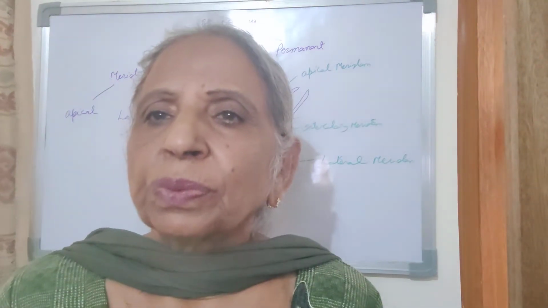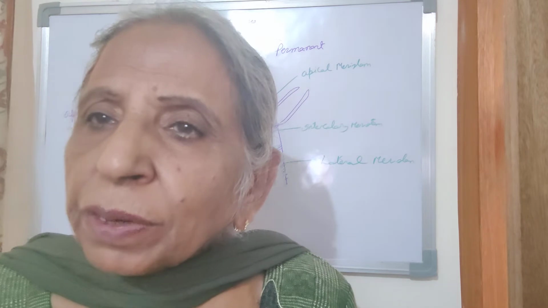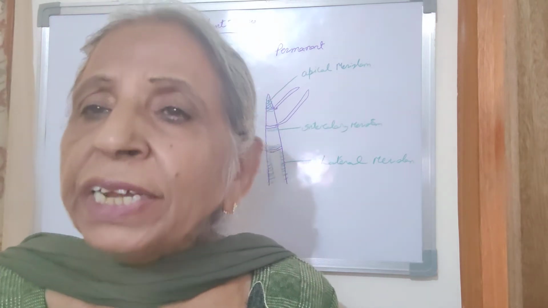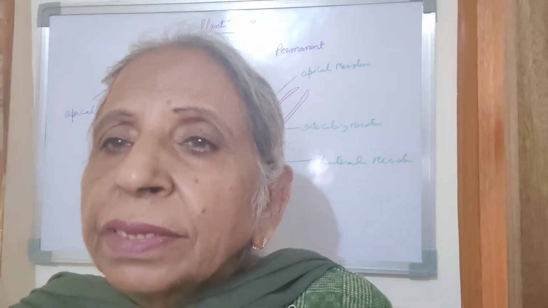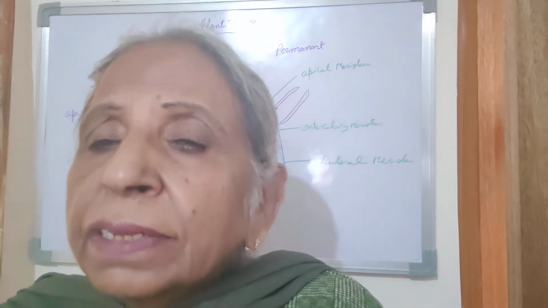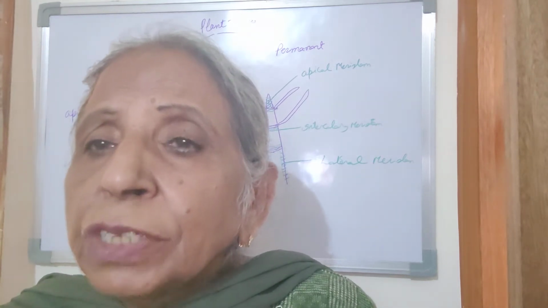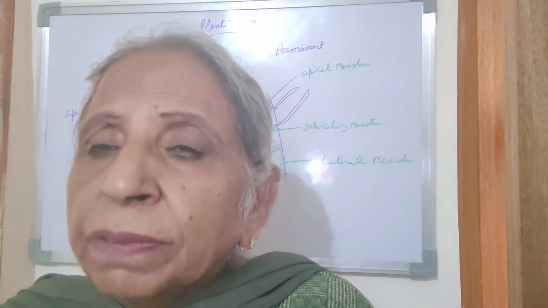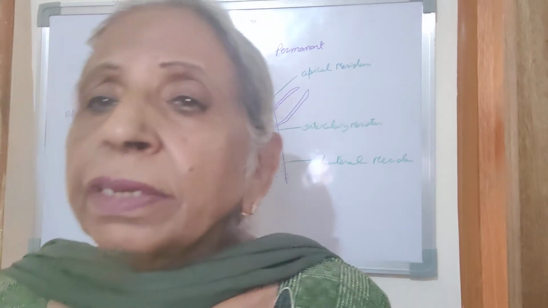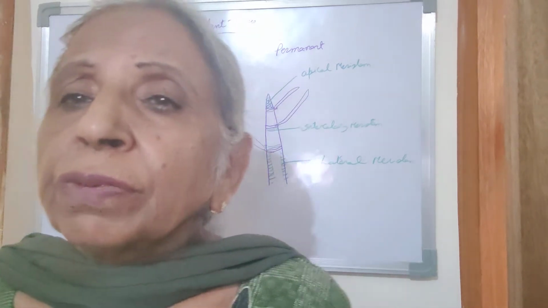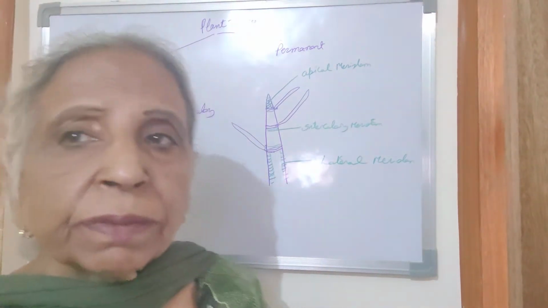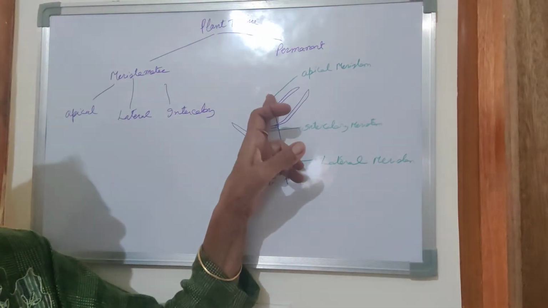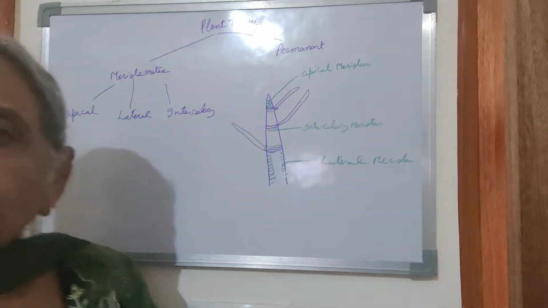Meristematic tissue has the power of dividing and redividing. They continuously divide throughout their life cycle. Their cells are thin-walled with a big nucleus and dense cytoplasm, and depending upon their position, there are three types: apical, intercalary, and lateral meristem. Apical meristem is present at the tip of root and shoot.